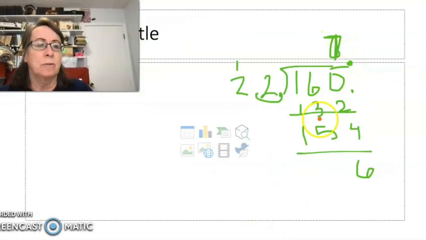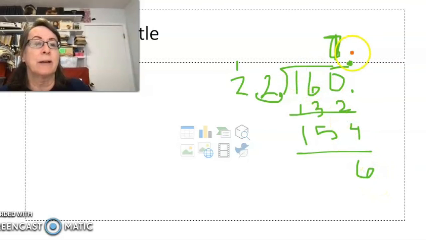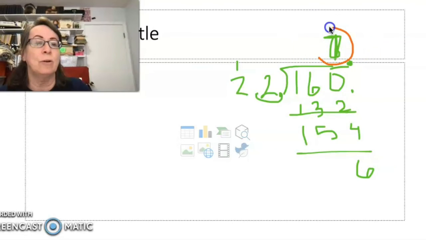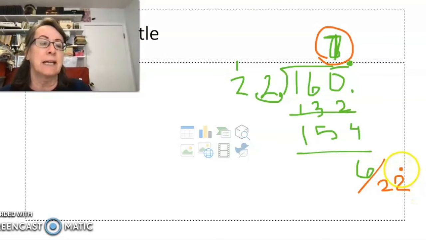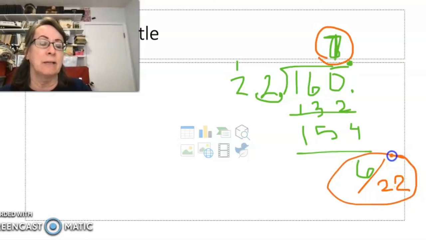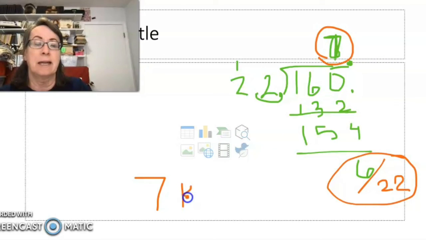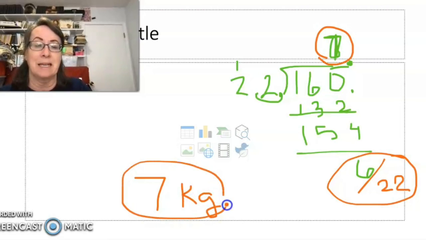So we're going to have it go 7 whole times with 6 out of 22 left over. Now it said round to the nearest kilogram, and this is not going to round up, is it? 6 is less than 11, which would be half. And so we would just leave it at 7. So 7 kilograms is going to be about the same as 16 pounds.